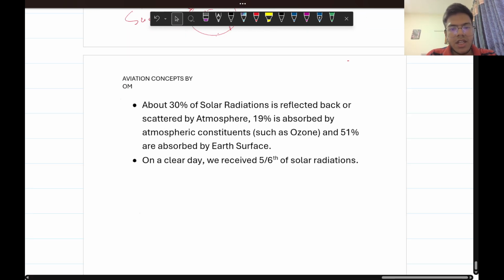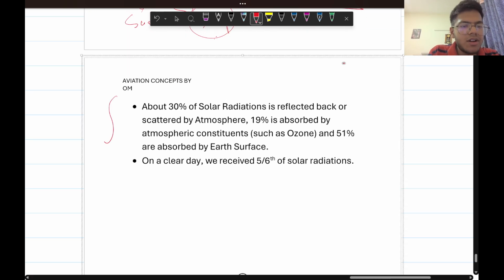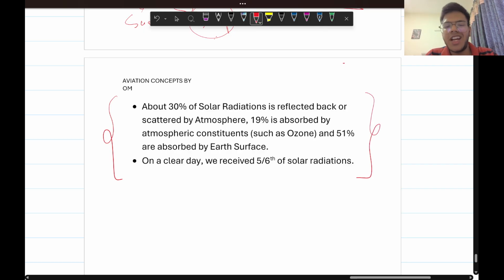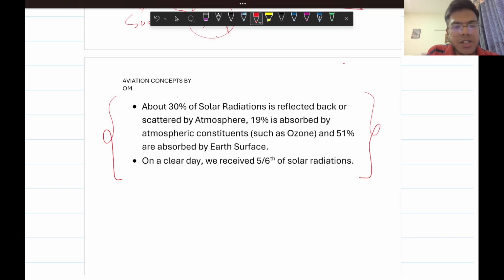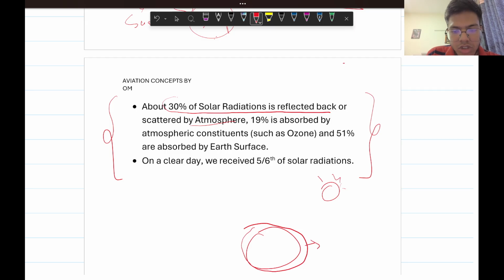Now guys, these are two facts, and unfortunately you will have to memorize them a little. About 30% of solar radiation is reflected back or scattered by the atmosphere. Basically, there is the sun, this is our earth, and this layer or envelope is the atmosphere.